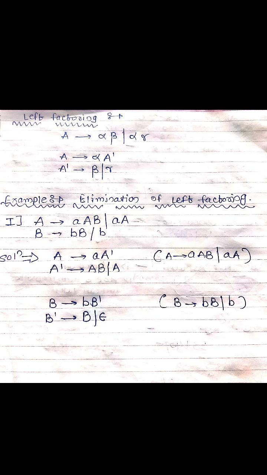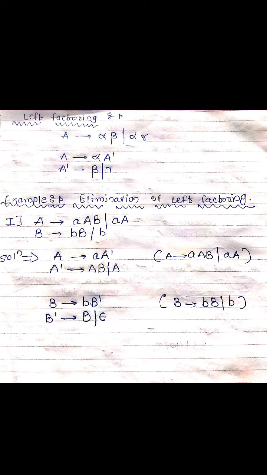So first of all we are going to find out what left factoring is and how we identify it, and why we eliminate left factoring from the given grammar. What is the need of that? Whenever we want to handle a grammar with top down parsing, top down parsing doesn't handle left factoring grammar.